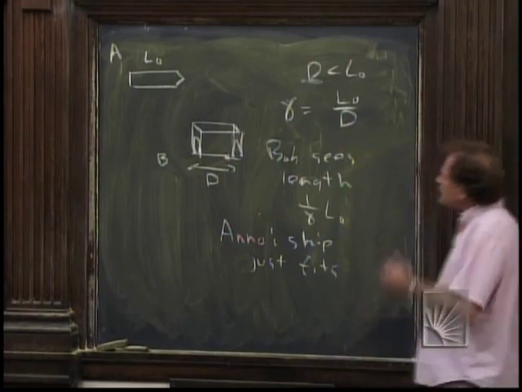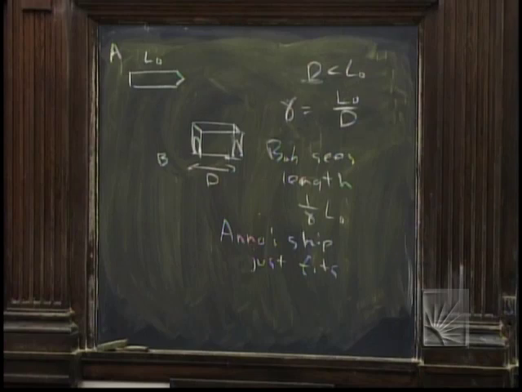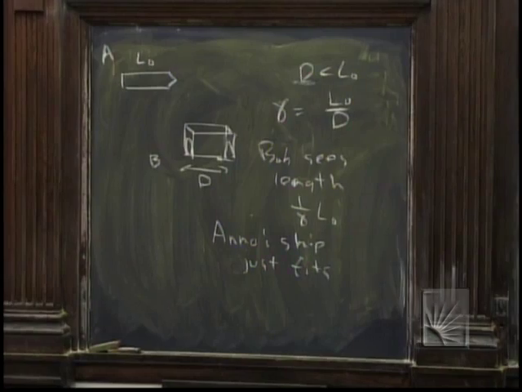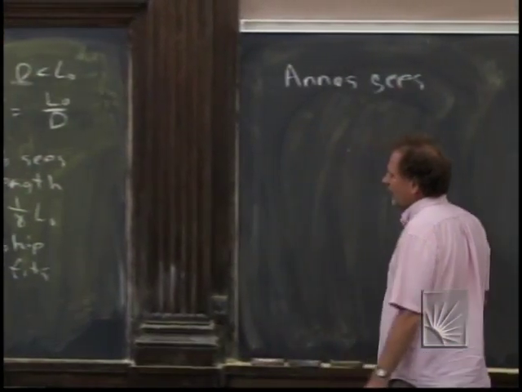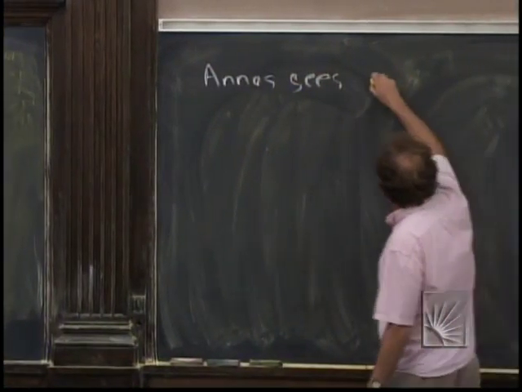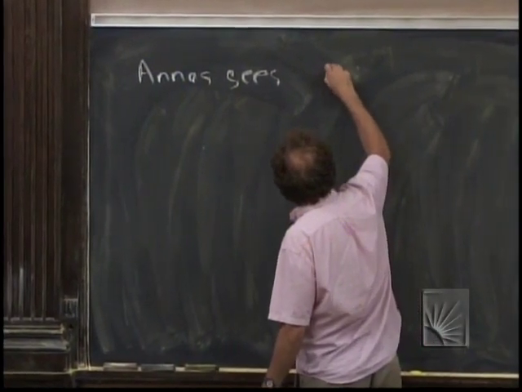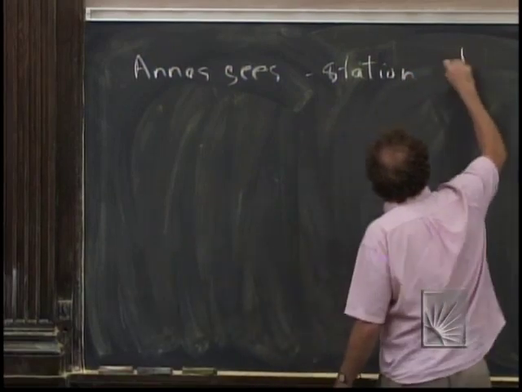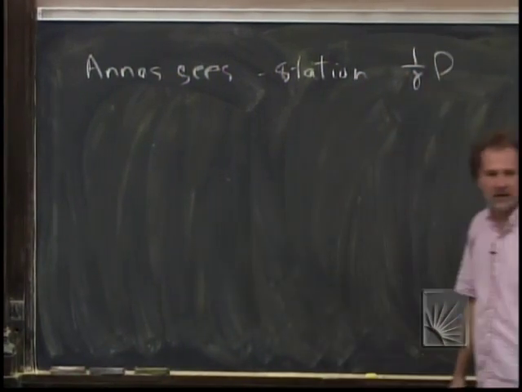What's the paradox? Well, there's kind of two paradoxes. One version of the paradox is, of course, what does Anna see? As I've pointed out before, Anna also sees Bob's station contracting. She sees the station having a length of 1 over gamma times d.